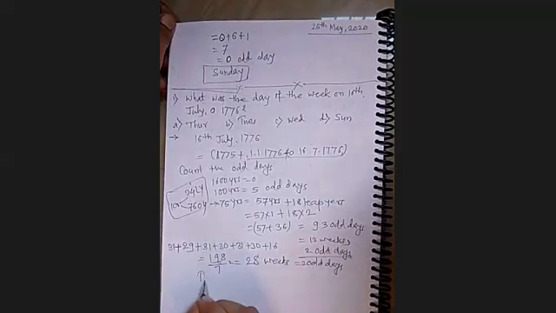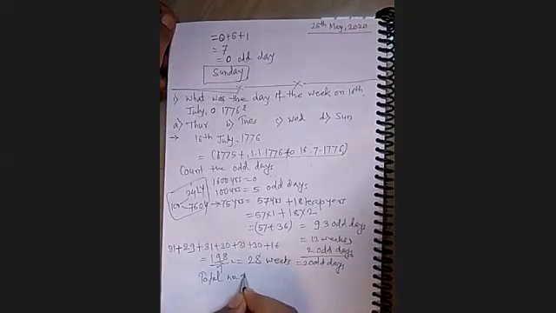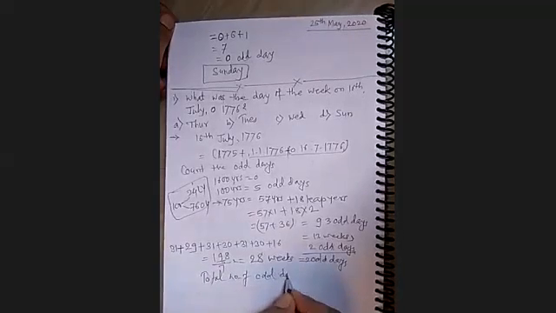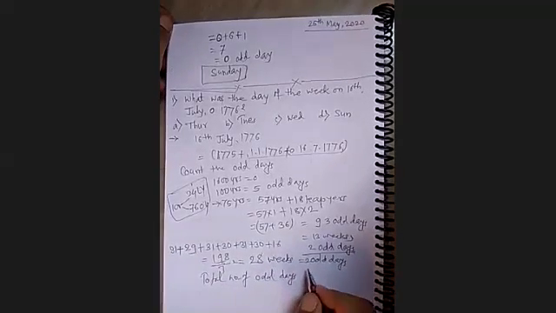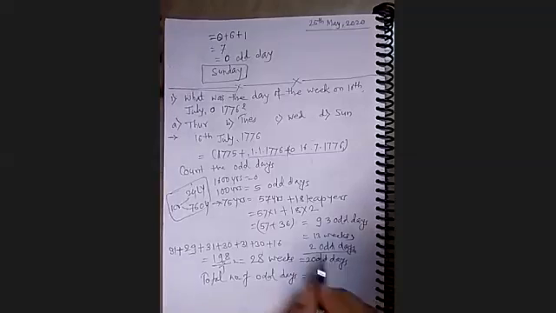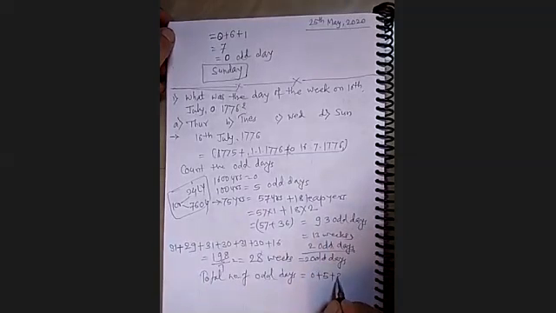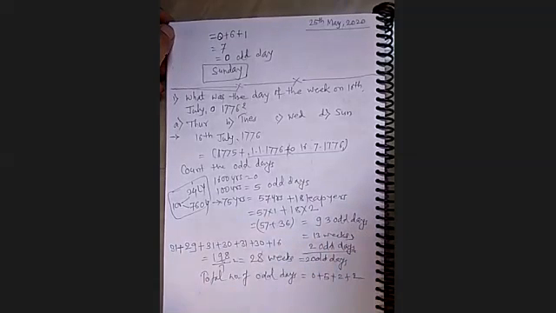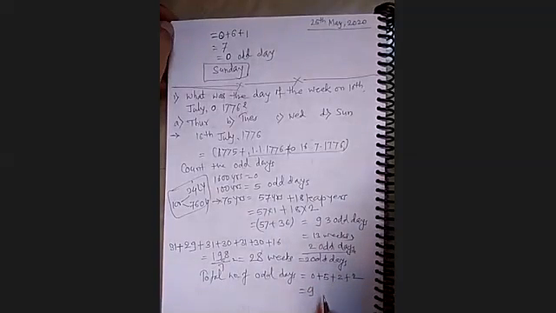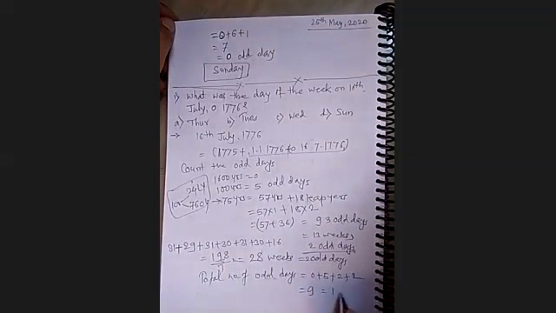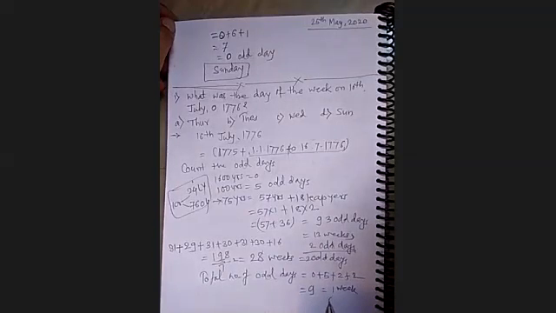Now you can count the total number of odd days. So here 0 plus 5 plus 2 plus 2, again it becomes 9, right? Now if you convert this, it is written as 1 complete week and 2 odd days.